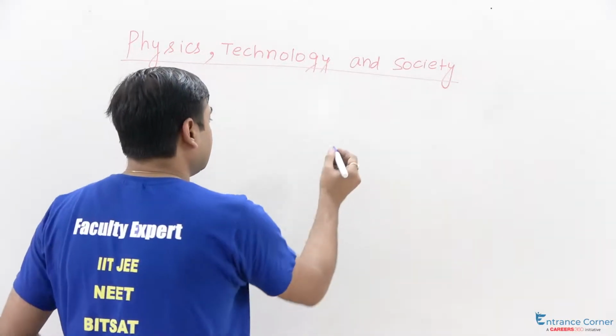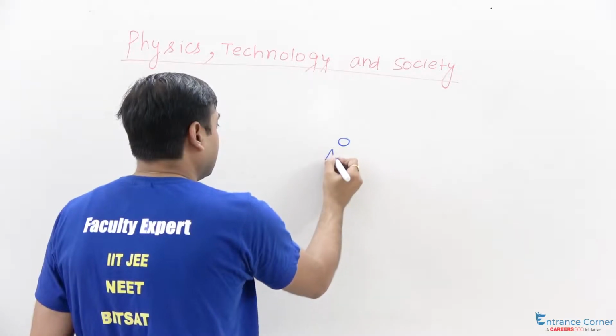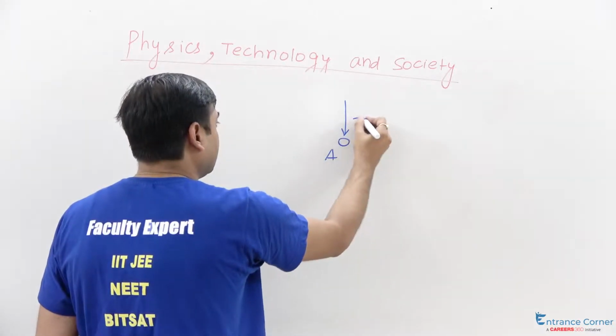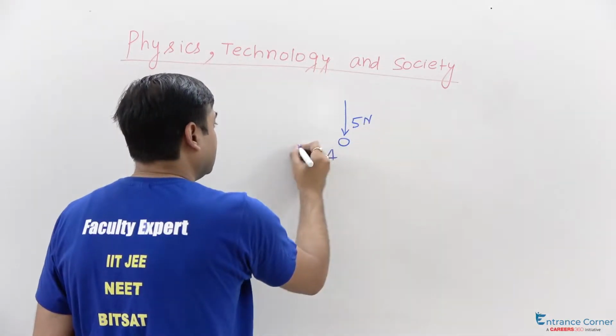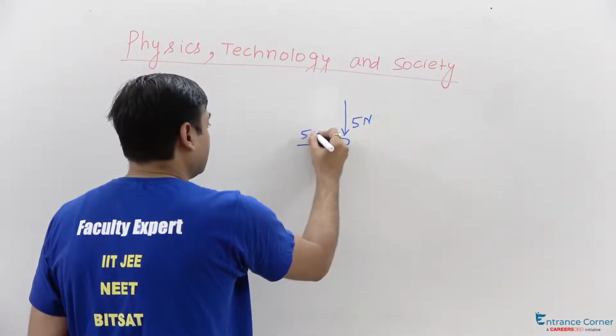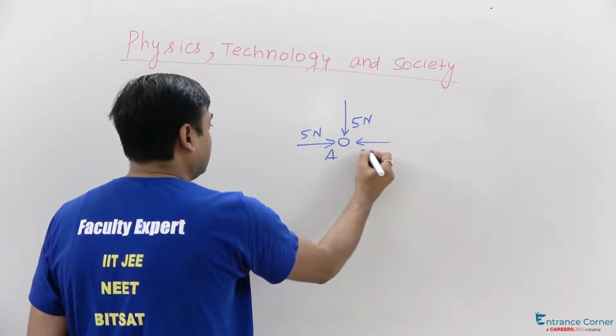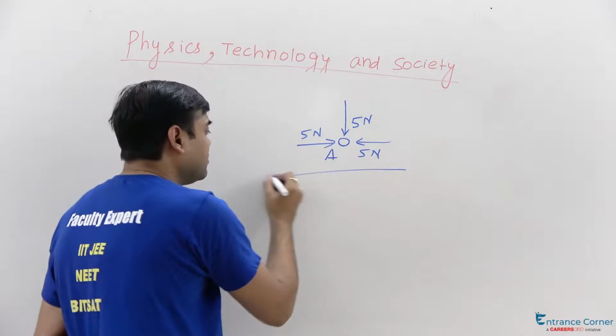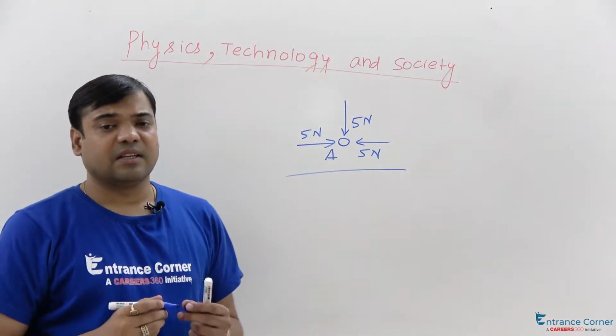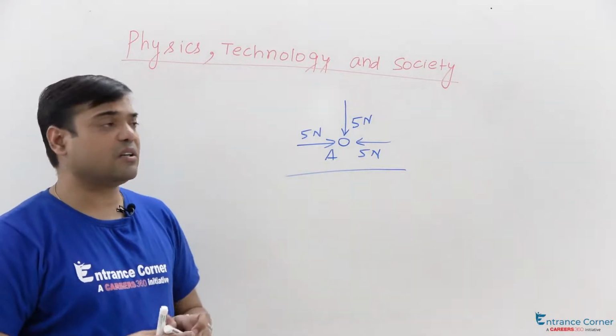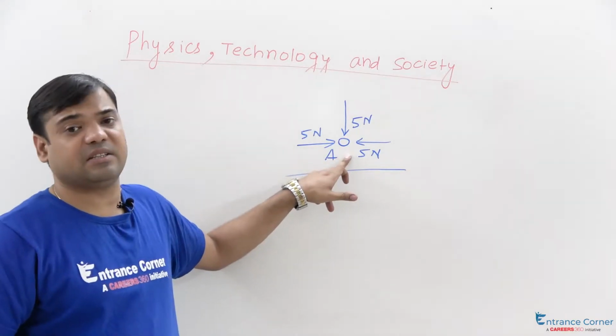Like suppose we have a ball A, and if we apply a force of 5 newton from this side, force of 5 newton from this side, force of 5 newton from this side, in all the three cases the change in the position of this ball A is different.